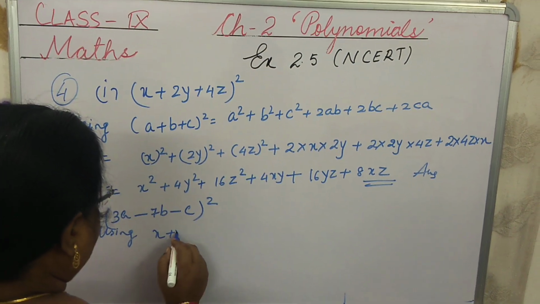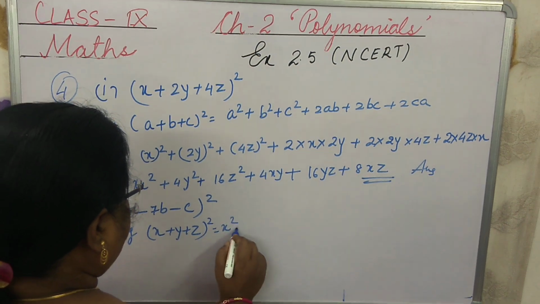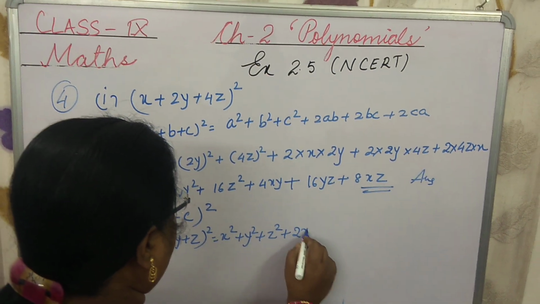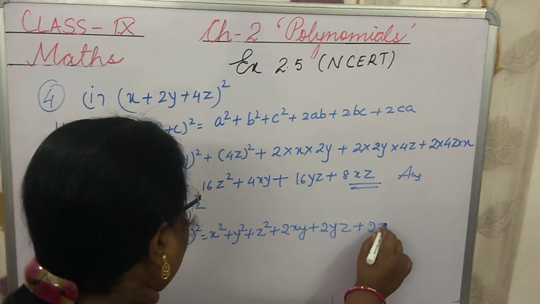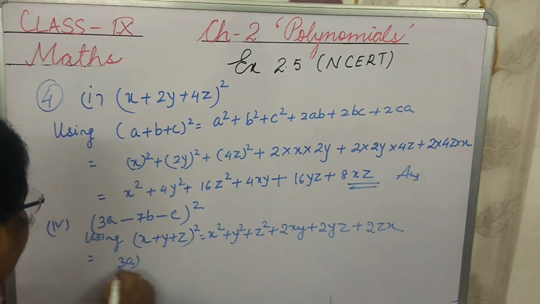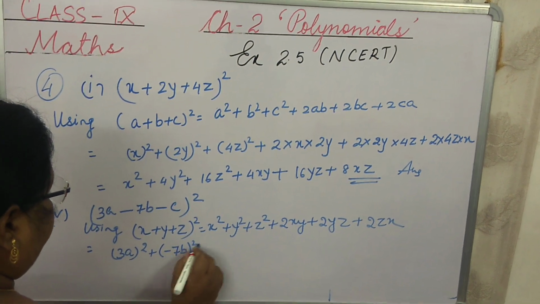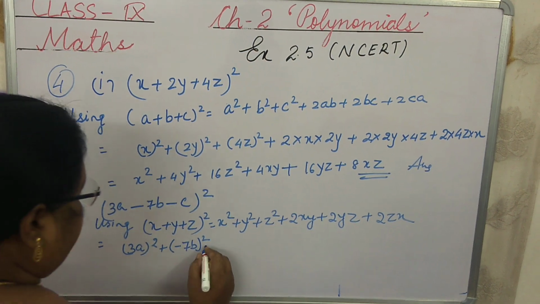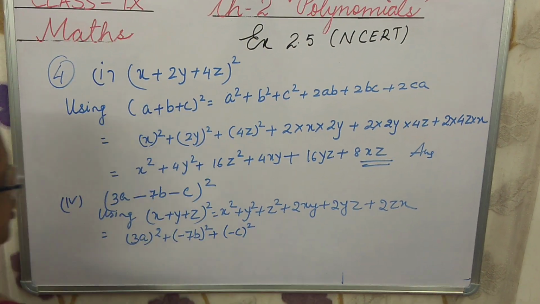I am using x plus y plus z whole square equals x square plus y square plus z square plus 2xy plus 2yz plus 2zx. So here x is 3a whole square, y is minus 7b. Remember this, here y is minus 7b whole square and z is minus c whole square.